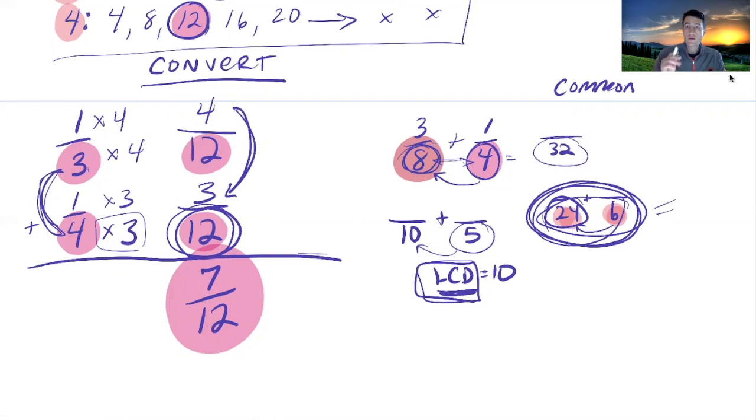So just remember to find a way that works for you and run with it. Don't say, oh, Mr. Hoover wants me to do it this way or that way. At the end of the day, the most important thing is getting the problem right. And we want you to use a strategy that you're going to have success with. That's all. And that's that.